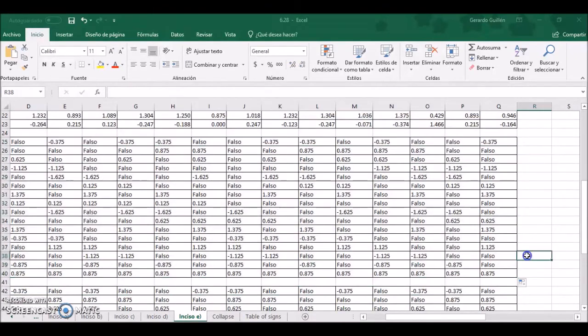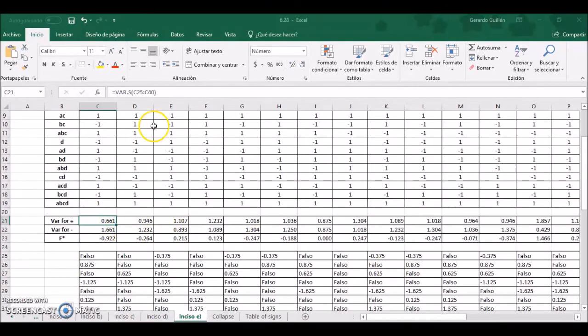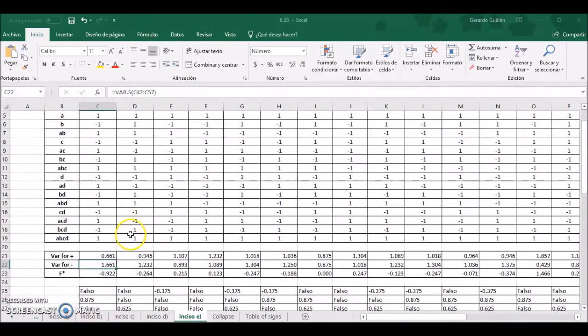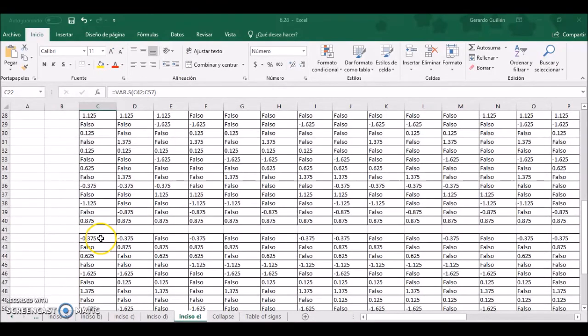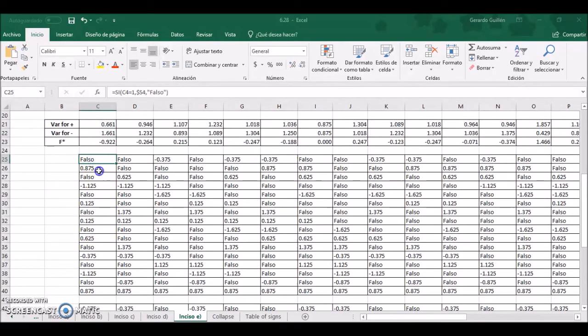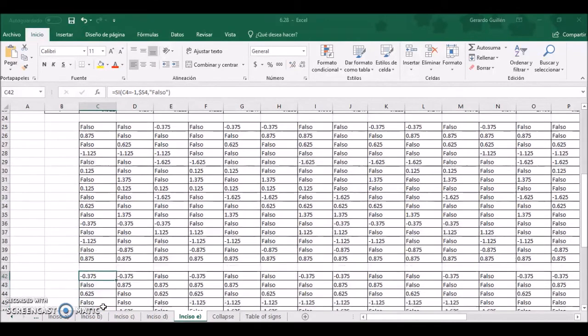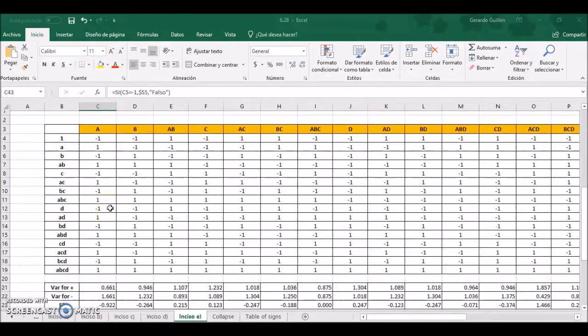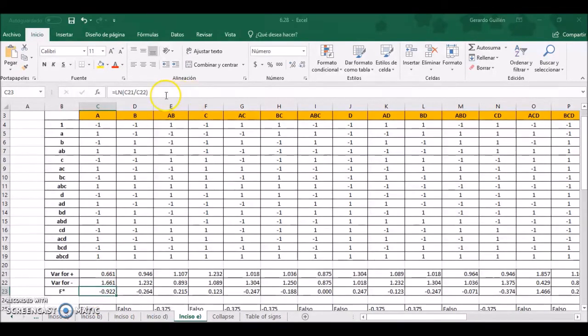And it is simple, because then when I make the variance positive, I just call the function VAR.S of this column, and I get the variance for positive for the source A. For the negative it is exactly the same, but vice versa of what I do here. If it's negative, I take the value. If it's positive, I make it false. And then the F asterisk is just the natural logarithm of the positive variance over the negative variance.